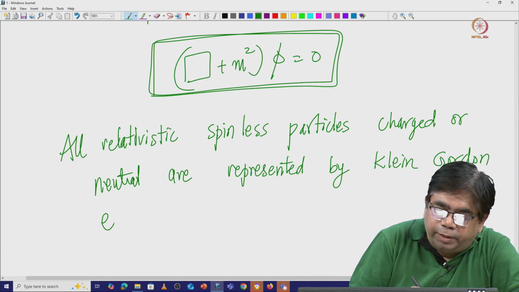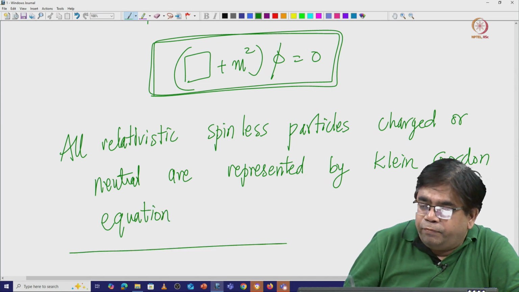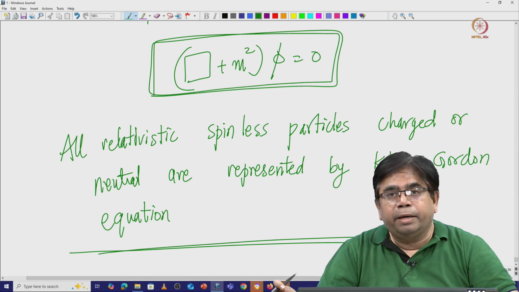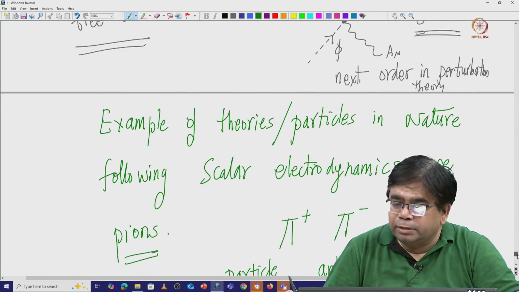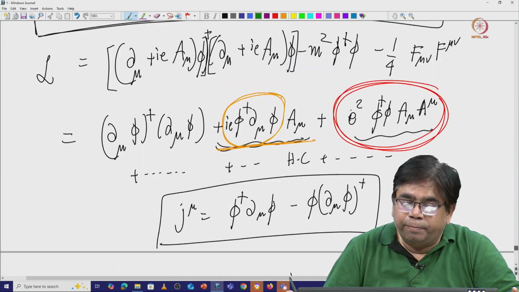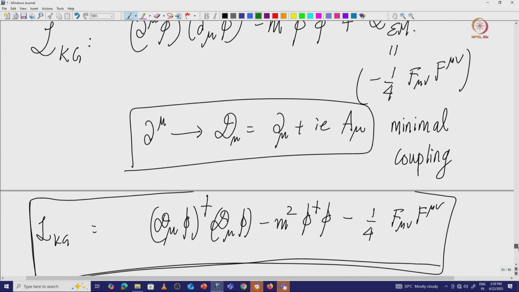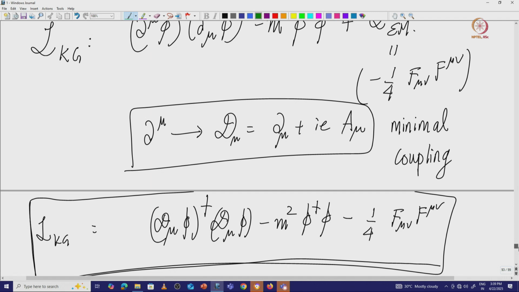So, what we learned today is that the Klein-Gordon equation is a very important equation, and how we can represent it for charged particles and neutral particles. The interpretation in terms of charged particles can be understood by coupling it with the electromagnetic field, using a technique called minimal coupling.